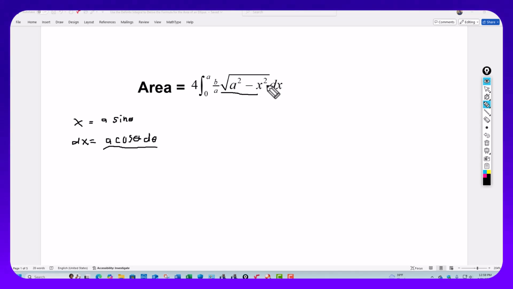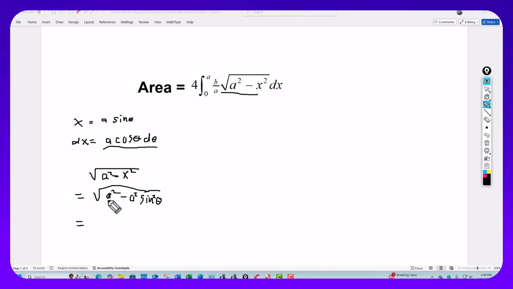We need to find a substitution for this a squared minus x squared. So if I look at the square root of a squared minus x squared, this will be a squared minus x squared, but x is a sine theta. So take the x and square it, it will give me a squared sine squared of theta.